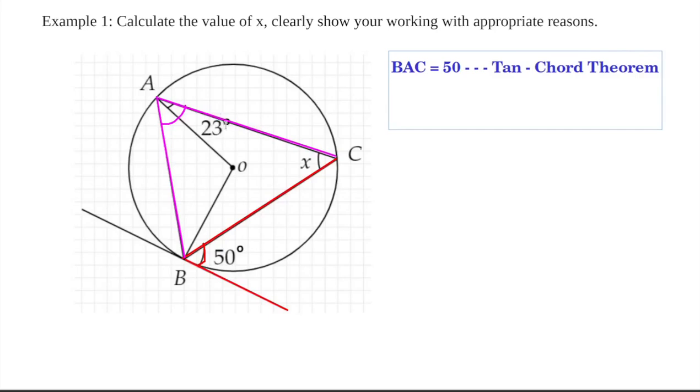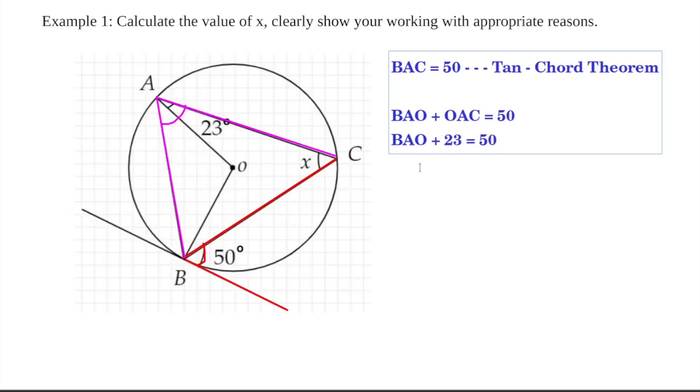If this is 23 and the whole of this is 50, then angle BAO plus angle OAC is equal to 50 degrees, which is angle BAC. So from there, BAO plus OAC, that's 23, is equal to 50.